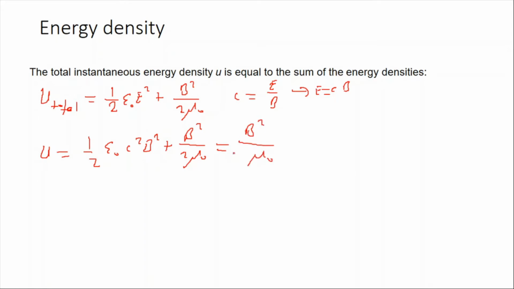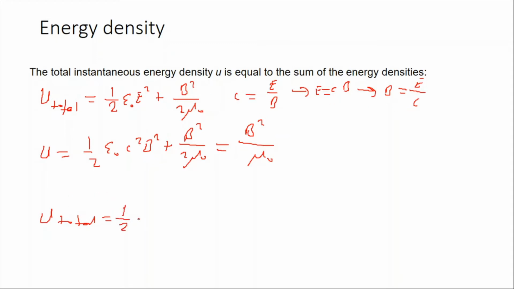If we do a similar analysis for the U total, similar calculations here, but instead of E, we can write B is equal to E over C. Here, instead of B, we are going to write E over C. Let's write the equation.